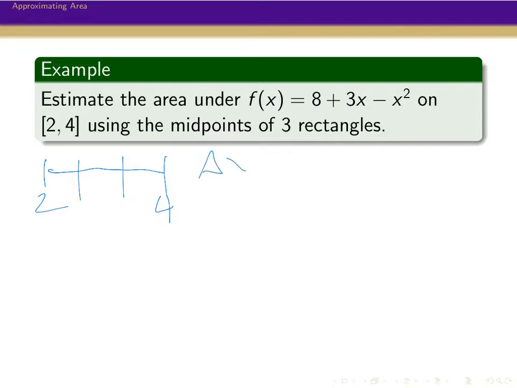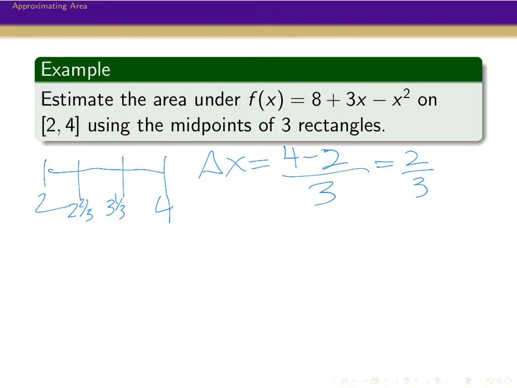So our delta x here is going to be the difference between the endpoints, 4 minus 2, divided by the number of rectangles that we're doing. So 4 minus 2 divided by 3, each one's going to be 2/3 wide. Right? So our endpoints are going to be 2, 2 and 2/3, add 2/3 again, I get 3 1/3, and then the last one is going to end up at 4.